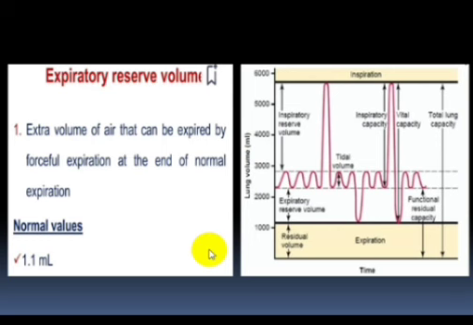The maximum amount of air you can bring out from your lungs into the atmosphere will give you the expiratory reserve volume. Okay? So it actually starts from here, from here down to this point.